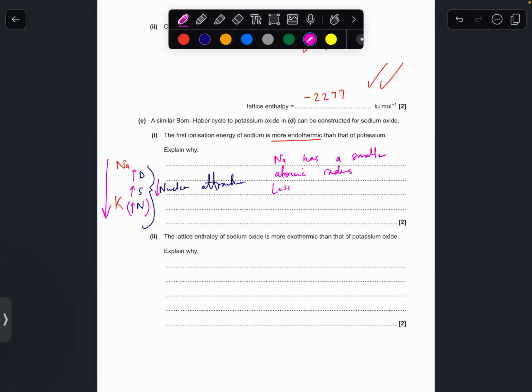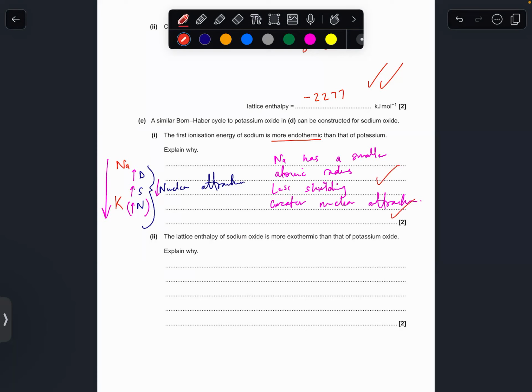There's less shielding. And so there'll be a greater nuclear attraction. Yeah, 2 points. You could do less shielding or atomic radius for that 1 mark.